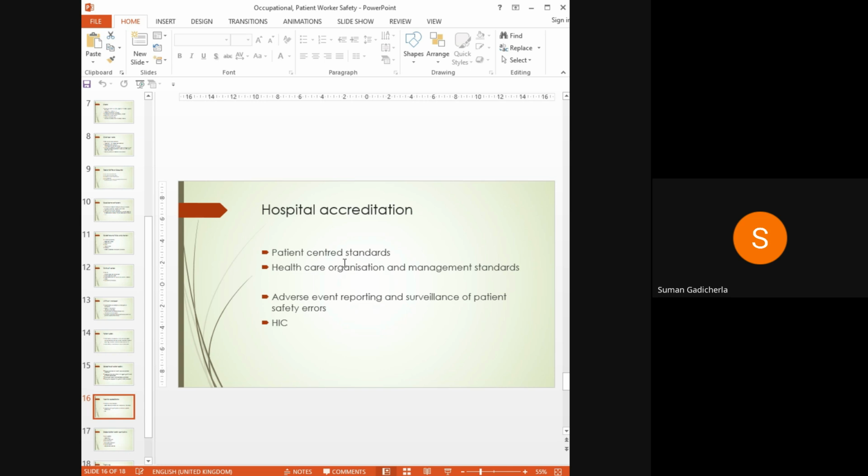There are lots of things under NABH and NABL, but when you follow this accreditation process, you will set the systems in place, so that your hospital is safe. Occupational hazards are reduced to a large extent, and it is safe for people to work there and also seek treatment there.